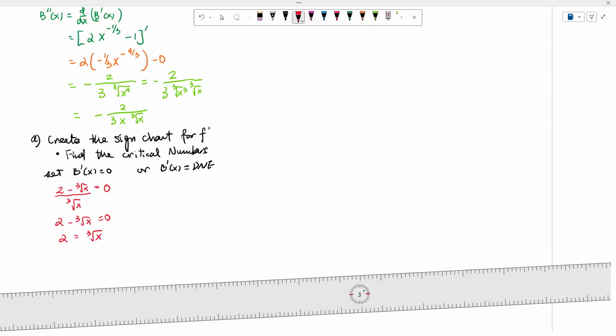Then we could raise both sides to the power of 3. Then I have x equal to 8.